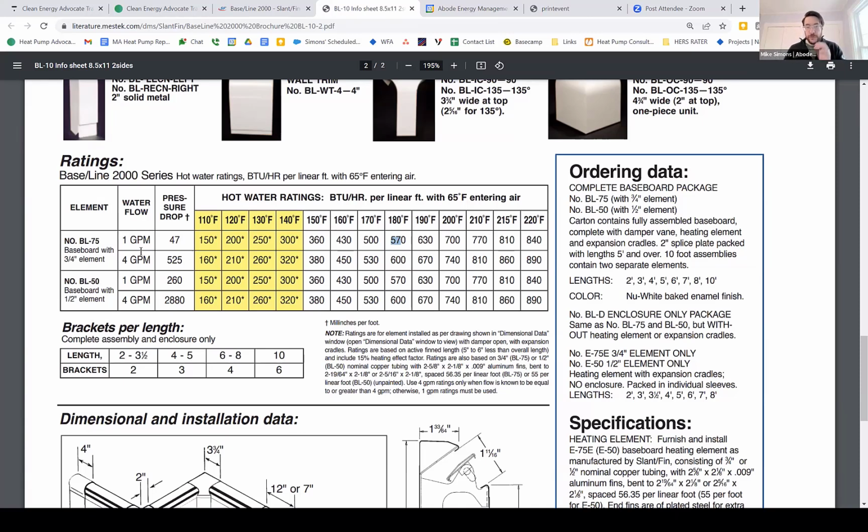If you rip that out and put in, say, an air to water heat pump, and you're putting water through the system at 140 degrees, which is the least efficient temperature that you can run an air to water heat pump system, then it would provide 3,000 BTUs for those 10 linear feet of baseboard.